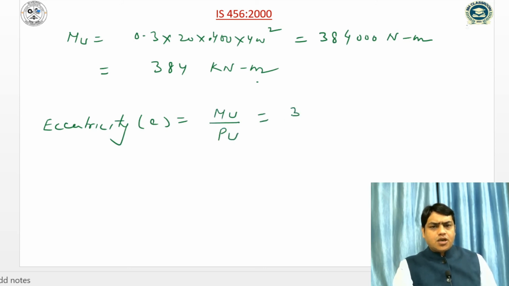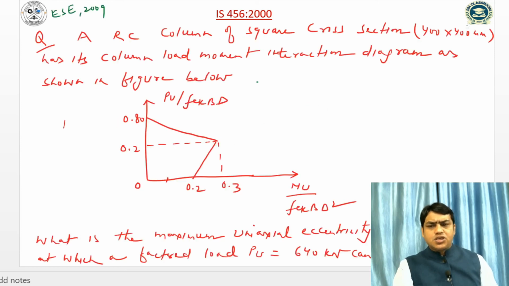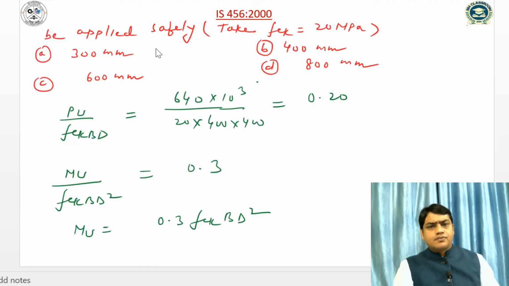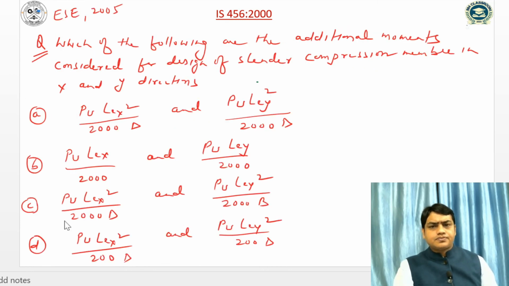So it will be 384 divided by PU, and PU is 640 kilonewton. So 384 divided by 640 is 0.6 meter, or we can write 600 mm. So the eccentricity is 600 mm.